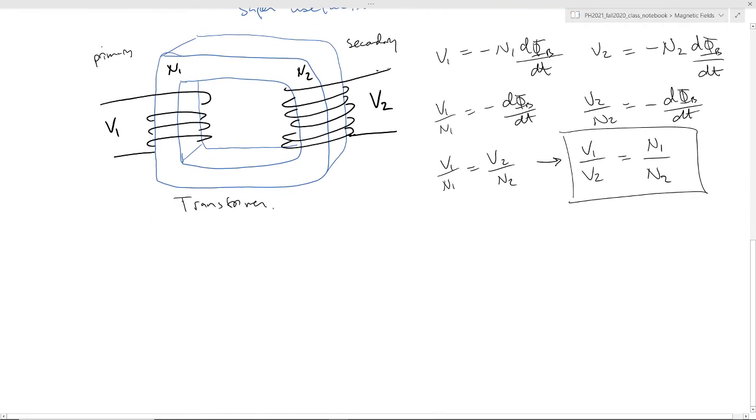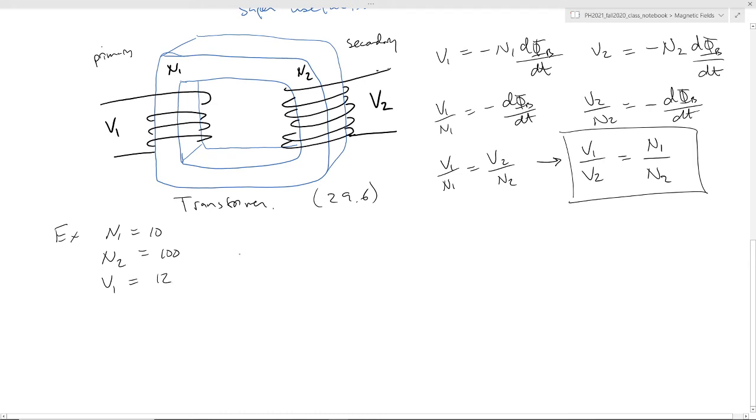This is in section 29.6. So suppose the primary winding had 10 windings and the secondary winding had 100, and you put in 12 volts.